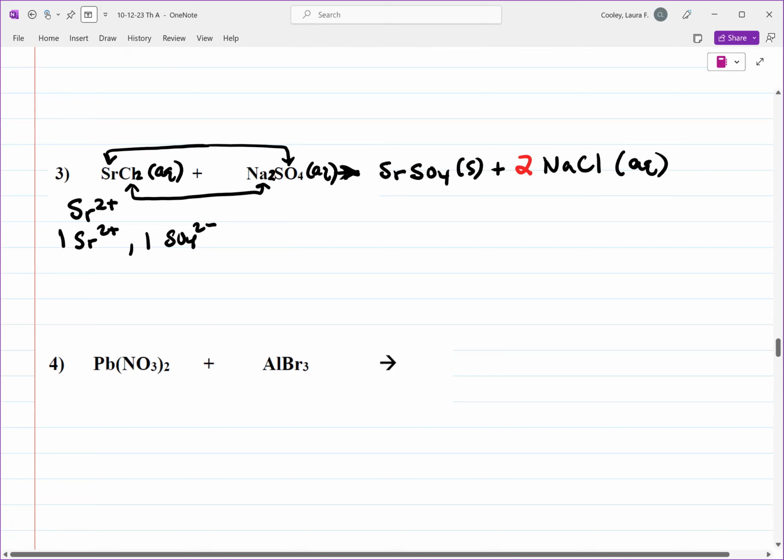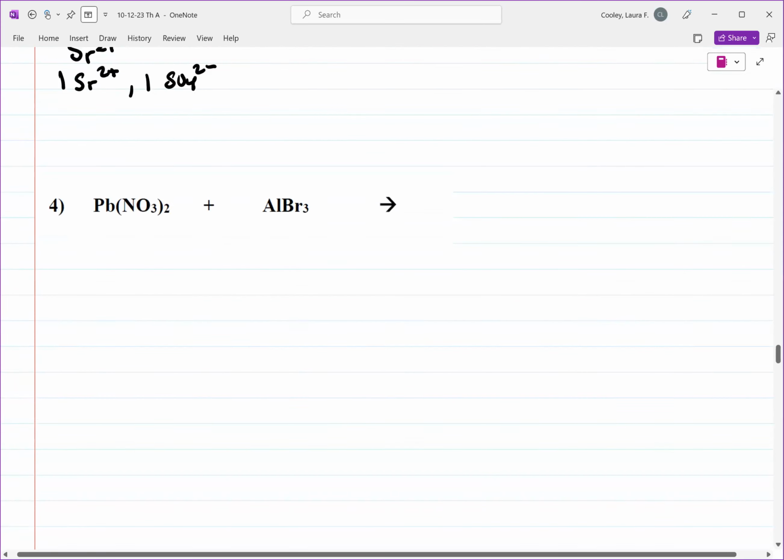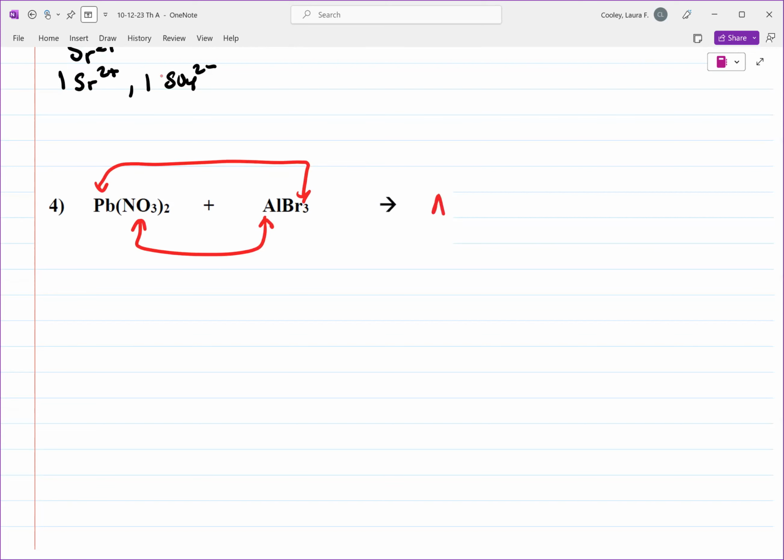All right, let's do this one. So we have lead with bromide and aluminum with nitrate. Okay, what is this going to be? All right, so Al, you could see it's 3 plus here because it's with 3 bromides, which are each 1 minus. So now it's going to be with nitrate, so it's going to need to be with 3 of them.